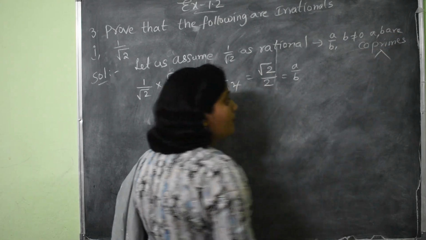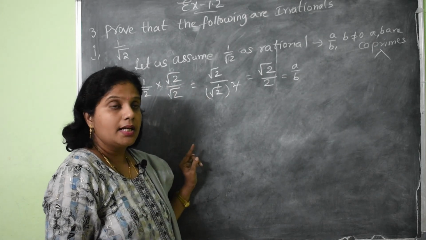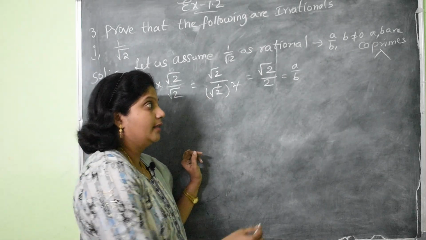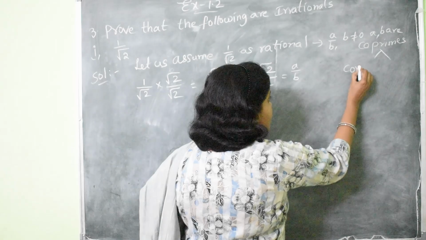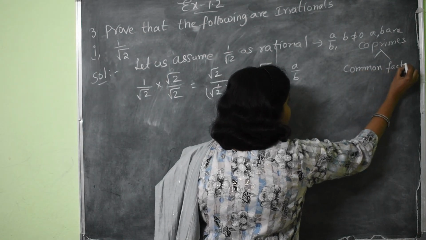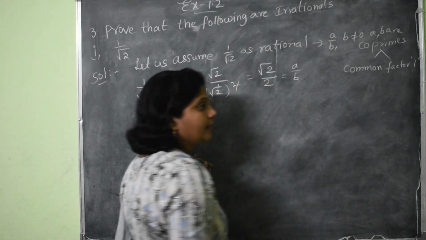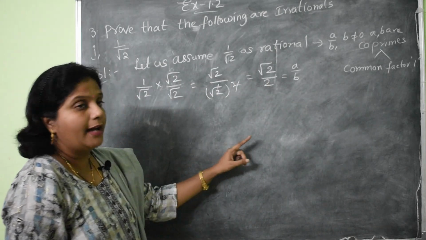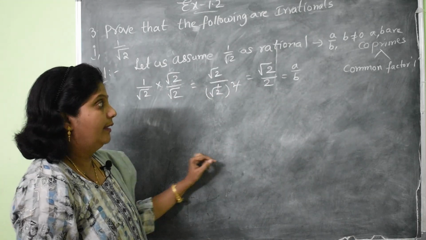So what is meant by co-primes? Co-primes are the numbers that have the common factor as 1. They should have no common factor except 1. They should have only the common factor as 1.